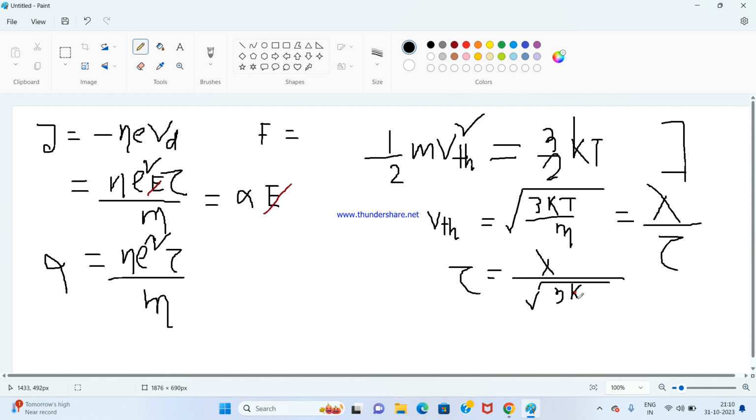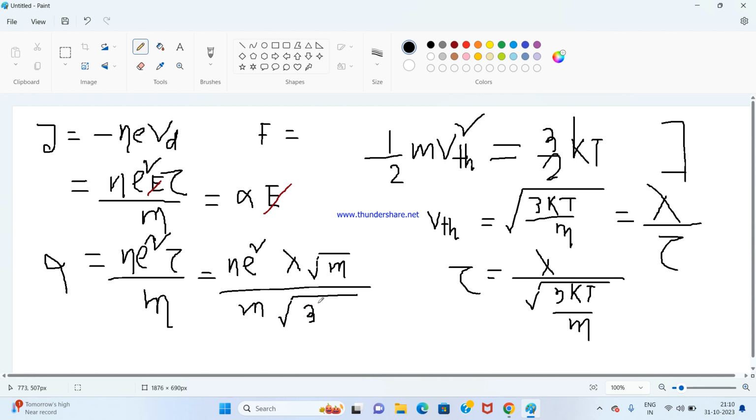Now this tau could be replaced in the conductivity expression. So this is n into the square of the electron charge, and here it is lambda, and the root m will go to the top, and downside there is one m in the denominator, and root over 3 k into T.